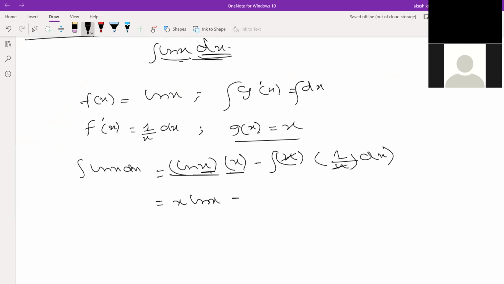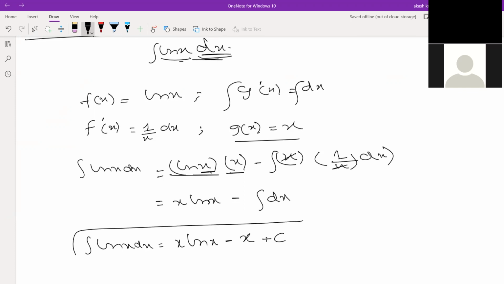What you are left with inside is only dx. Is it clear? Now you have x ln x, and what is the integral of dx? It's x, and there is a constant of integration which is c. So that becomes the answer.